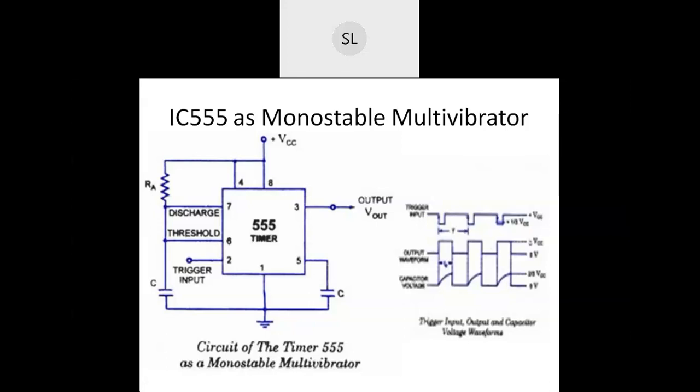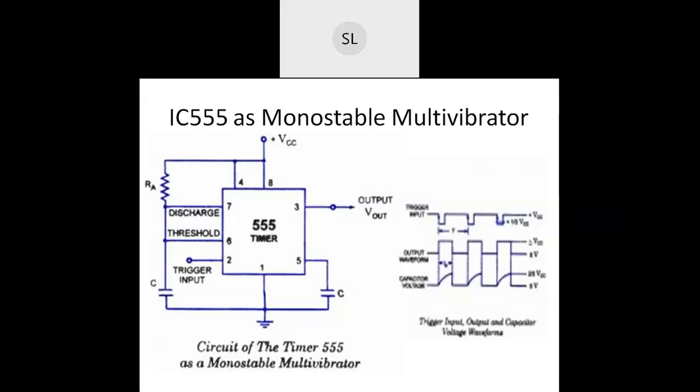Okay, now what happens? Initially, when the output is low, that is, whenever the circuit is in the stable state, the transistor Q1 will be in the on state and the capacitor will be shorted to ground. Whenever we apply a negative trigger pulse to this pin number 2, the transistor Q1 is turned off, which will release the short circuit across the external capacitor C and drives the output high.